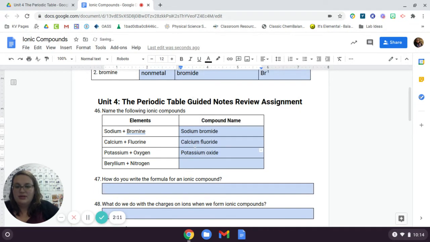All right, beryllium plus nitrogen becomes beryllium nitride. So again, when naming an ionic compound, we're going to do metal, non-metal, ide. There's a weird delay on this Chromebook when I type, so it's giving me weird things. Metal, non-metal, ide. There we go. Okay, we're getting it.